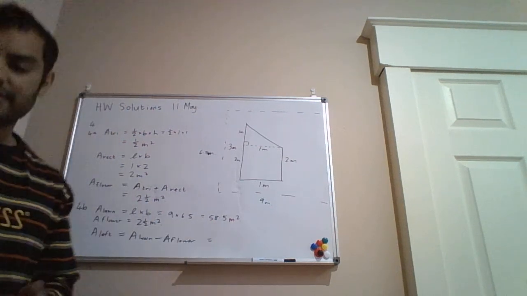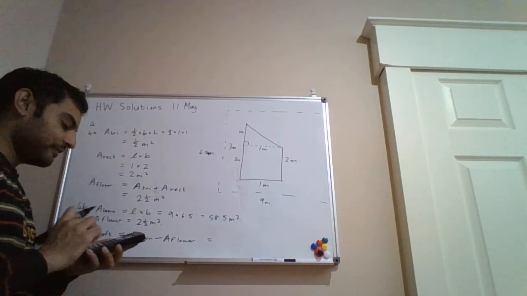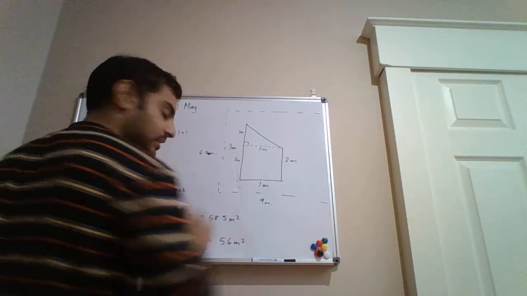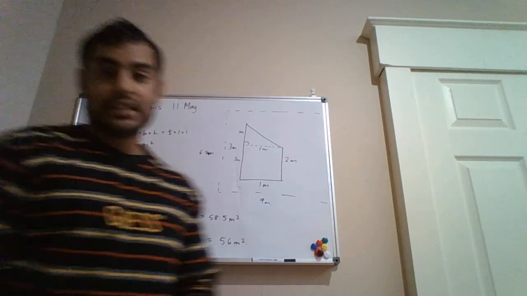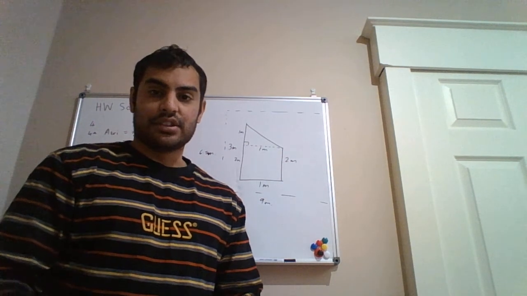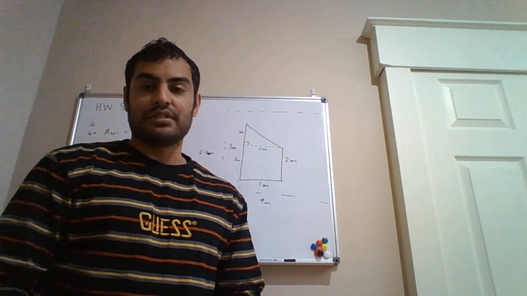So that's 58.5 minus 2.5, which gives us 56 meters squared. Okay, so these examples were relatively straightforward, just to start off the section, and in the next video we'll be going over slightly trickier examples from your textbook.